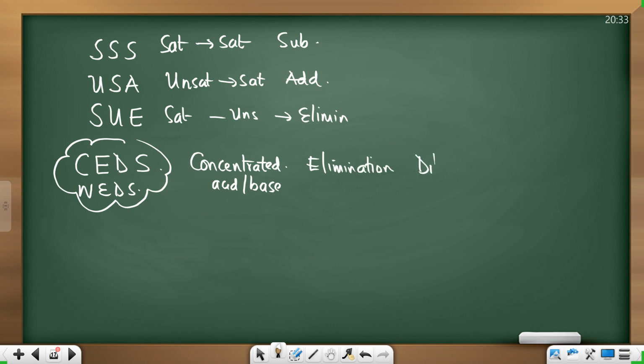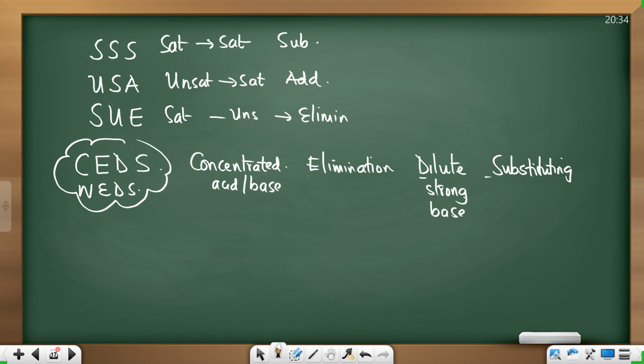And when we dilute, we are going to be substituting. Basically, dilute strong base, we will be substituting.